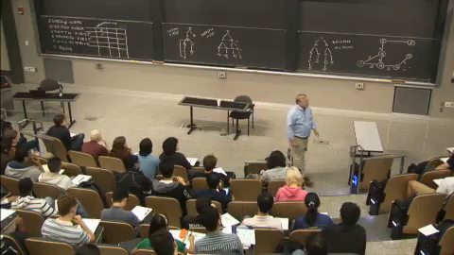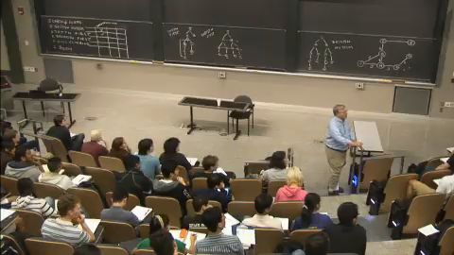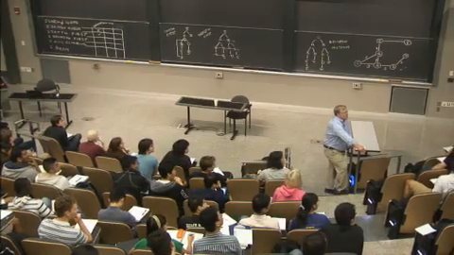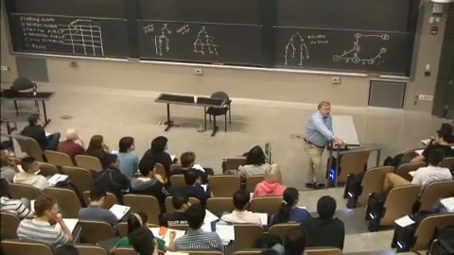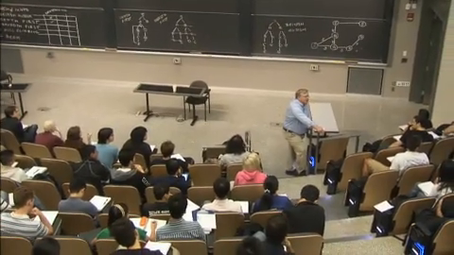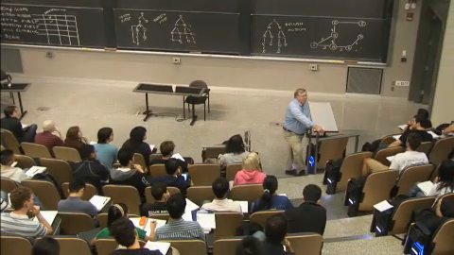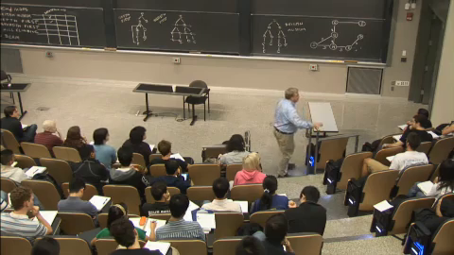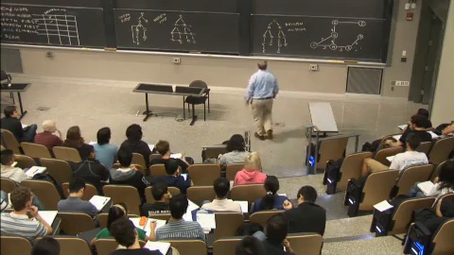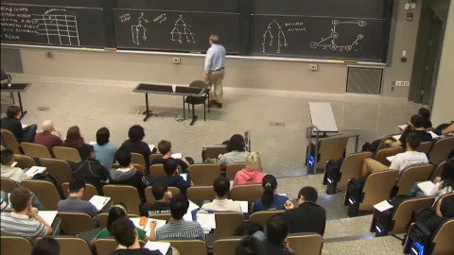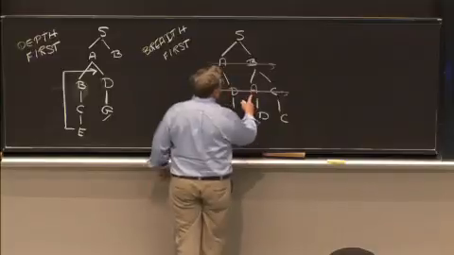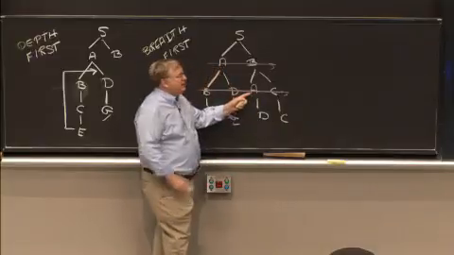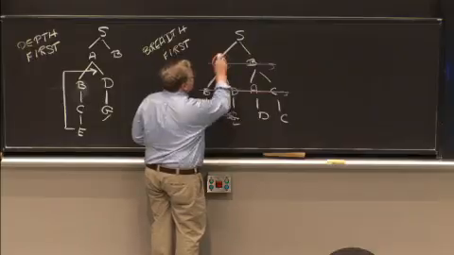Why is it stupid? What's your name? Dylan? Yeah, Dylan, what do you think it's stupid about? It visits the same nodes twice. Dylan said it's extending paths that go to the same node more than once. Let's see what Dylan's talking about. Down here, it extends A, but it's already extended A up there.